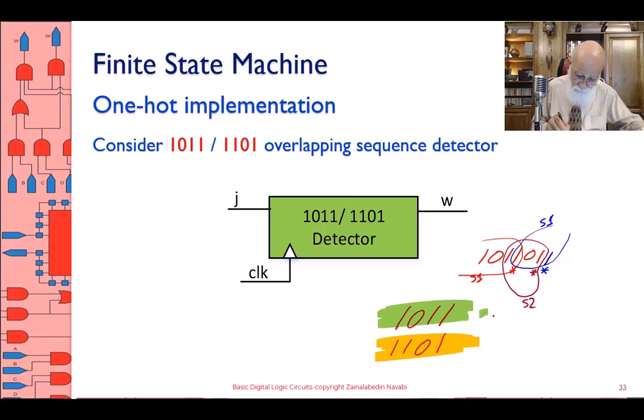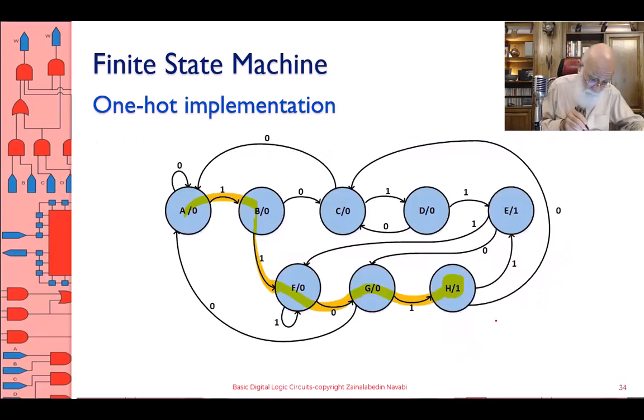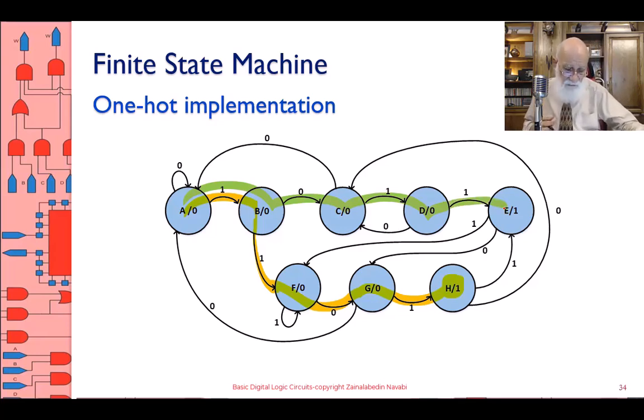Now this path 1 0 1 1 takes me to state E, where my output is 1. Except the state B, I only have one edge out of each state. So let's fill them.